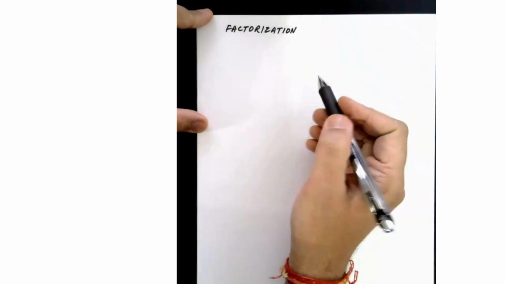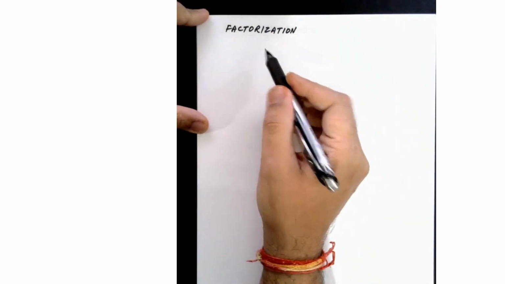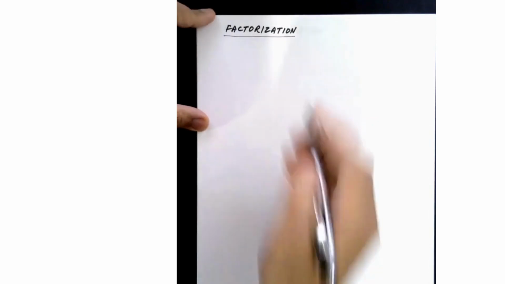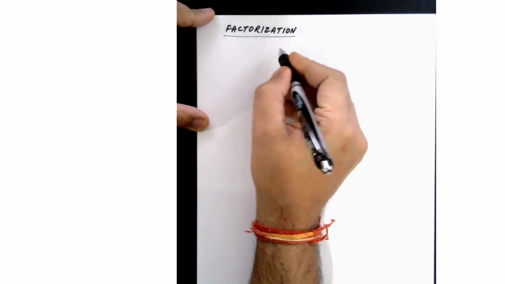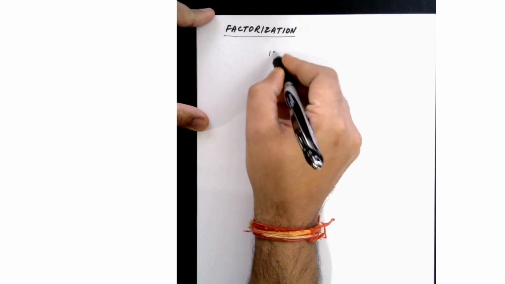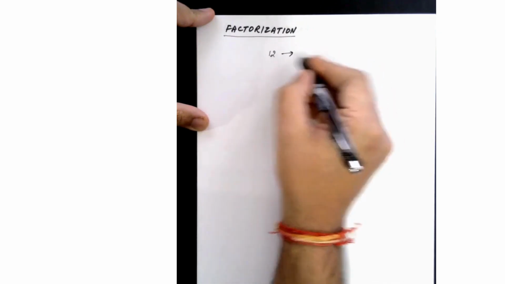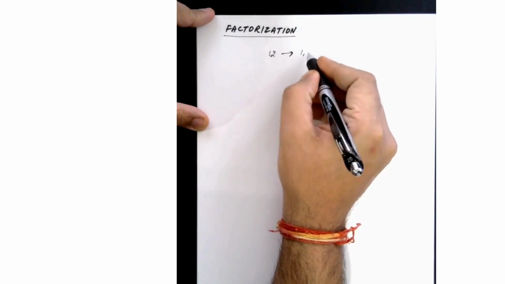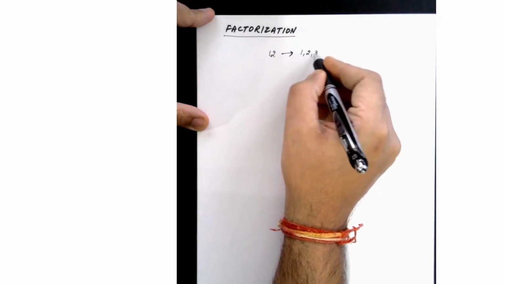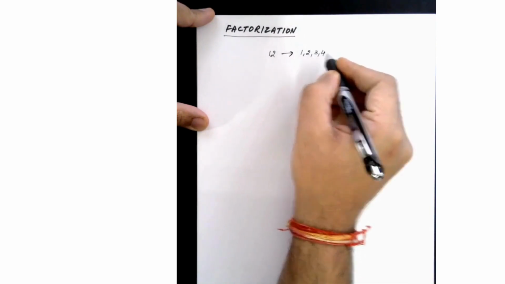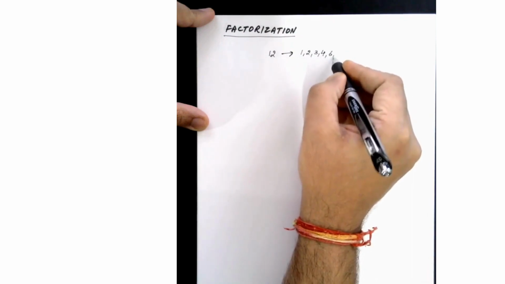So we will discuss a term called factorization. What do we mean by factorization? When we have a composite number, for example 12, we can say it can be divided by 1, 2, 3, 4, 6 and 12 itself.